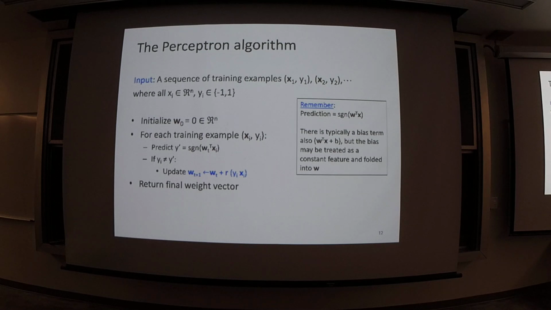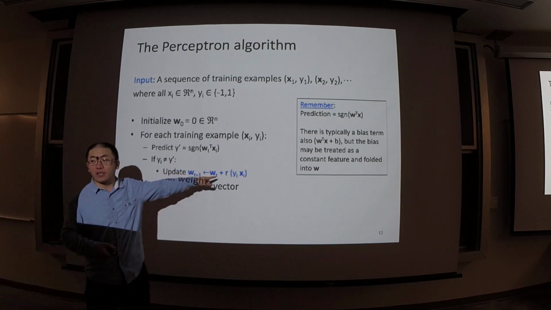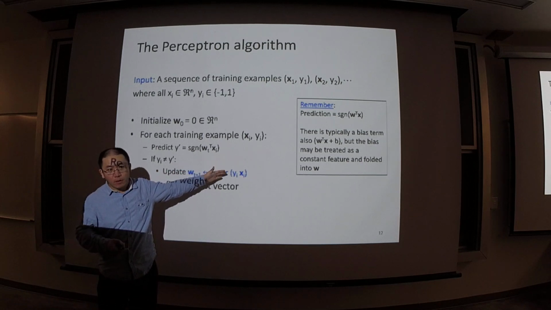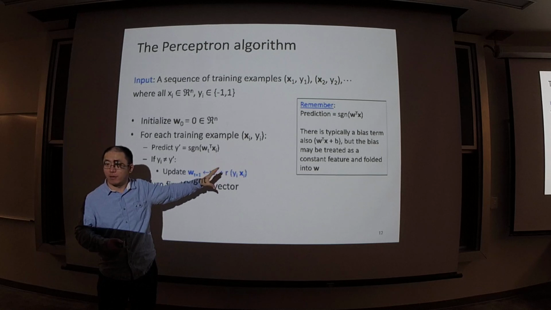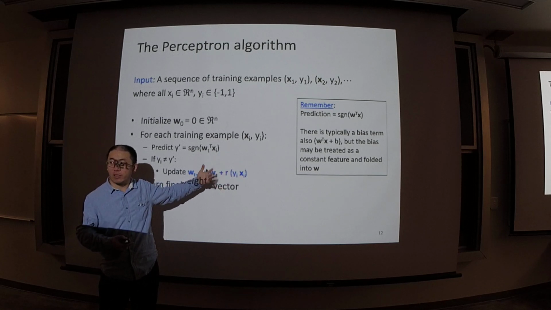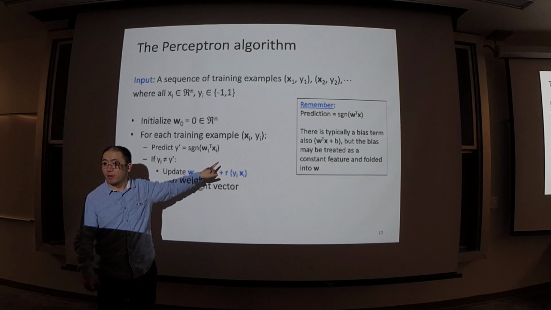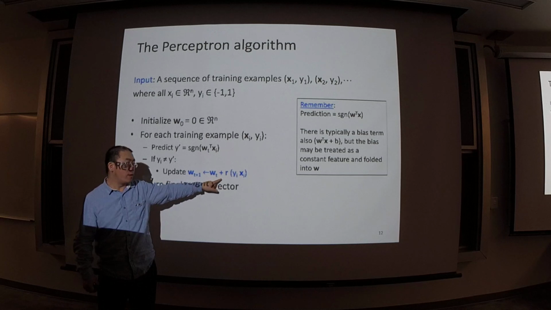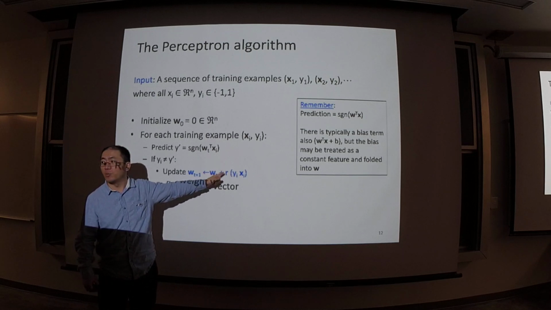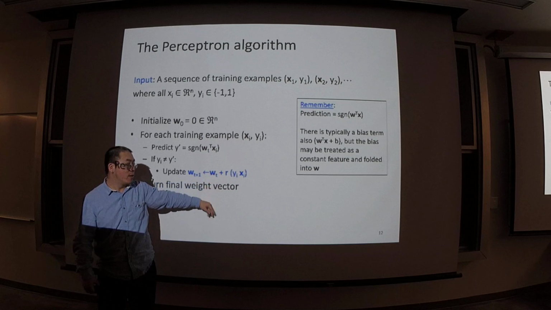Can you just say one more time what that r yi xi term is? R is just like the role of the learning rate or step size in gradient descent or stochastic gradient descent when we talk about least mean squares, as you just mentioned, right? It's just a small positive constant. And later we'll simply set r to be 1. Doesn't matter, right?